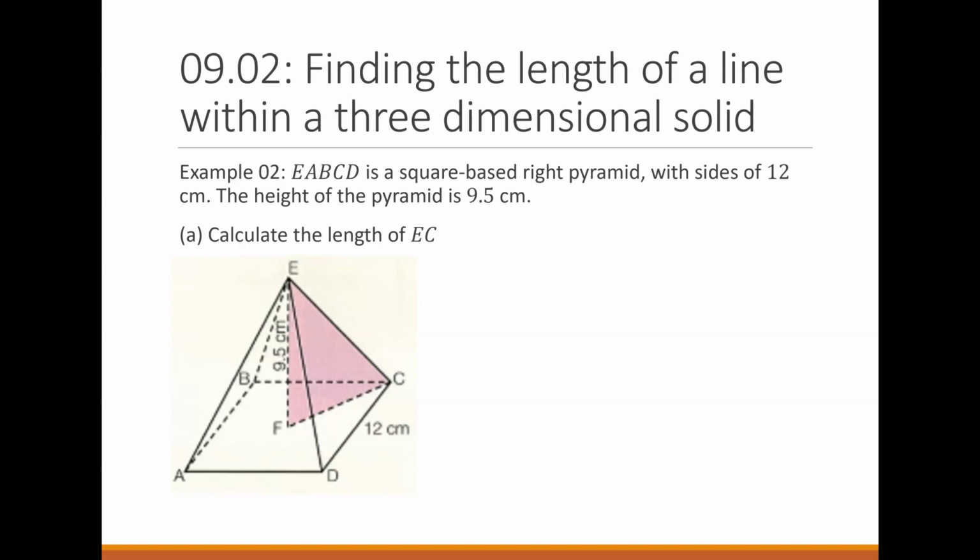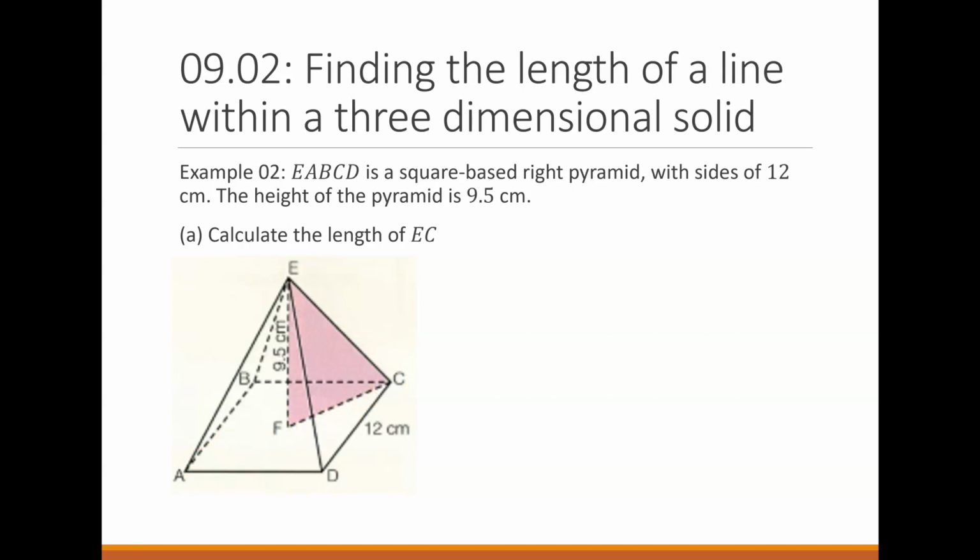FC. To calculate FC, what other triangle would I use? Yes, I'm going to use ACD. Because what is the relationship between AC and FC? Yeah, FC is half of AC, right? How do I know that?